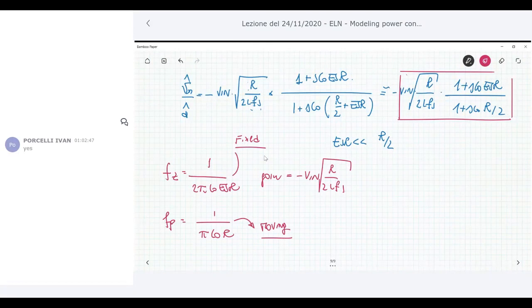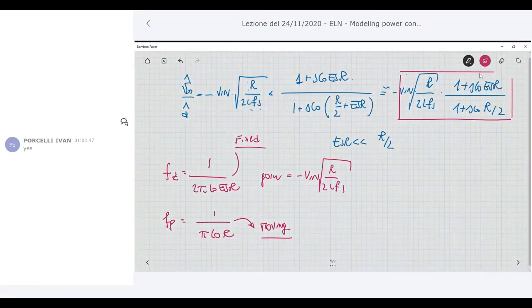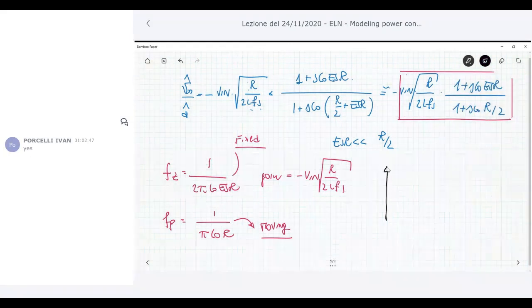So, if you look at what happens in any DCM converter, and this happens also for the boost DCM, look at what happens to the state variable in the inductor, so the current flowing through the inductor. This current is something like this.